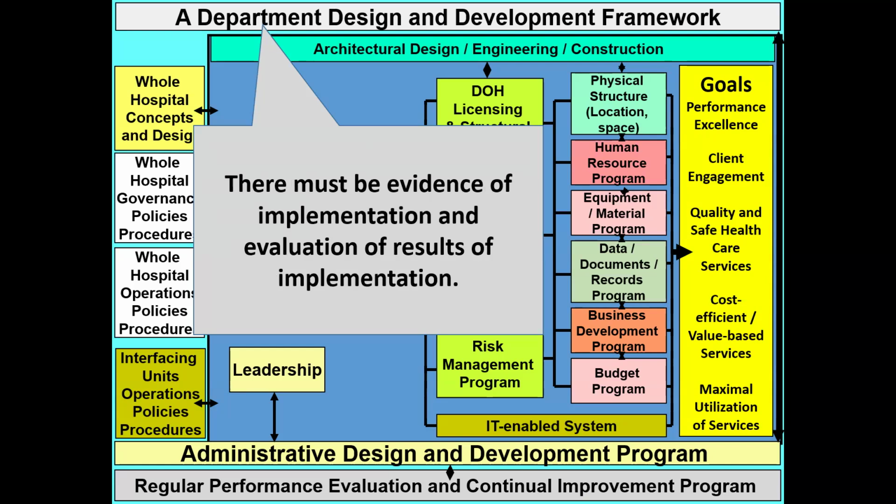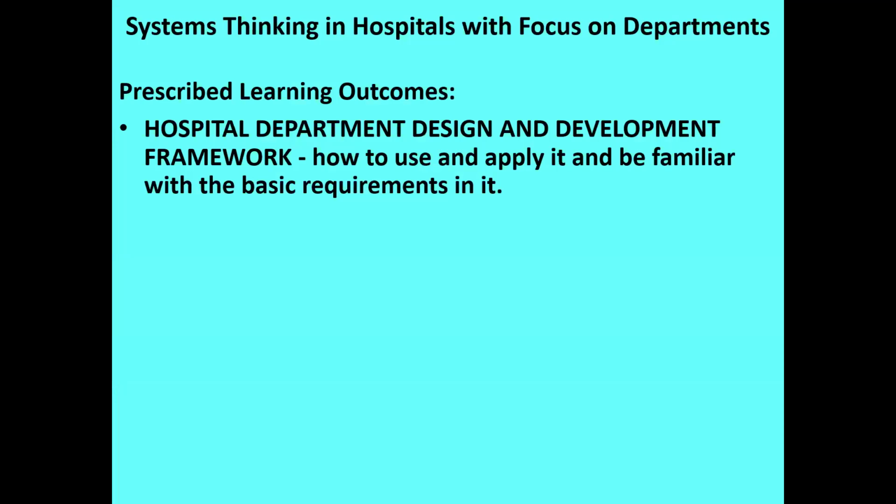After the blueprint, there must be evidence of implementation and evaluation of the results of the implementation. Here will come in the regular performance evaluation that will make sure that this is being done. I shall now discuss the hospital department design and development framework, how to use and apply it, and be familiar with the basic requirements in it.